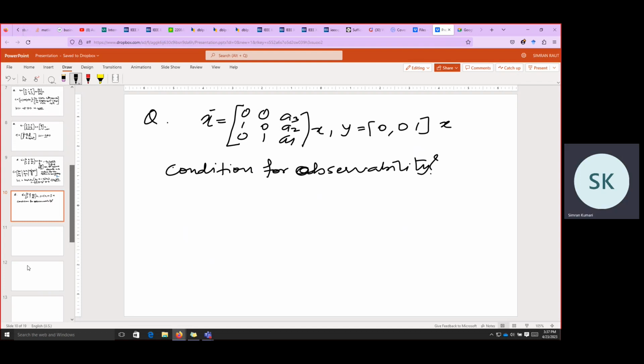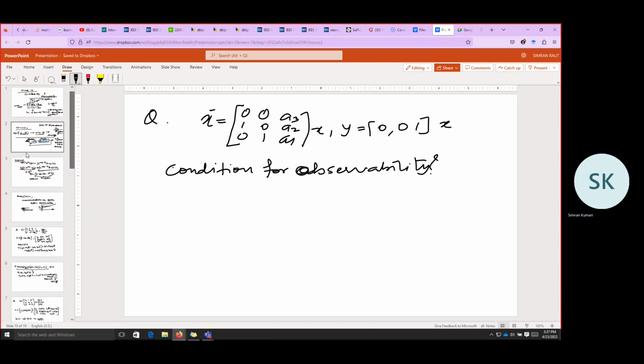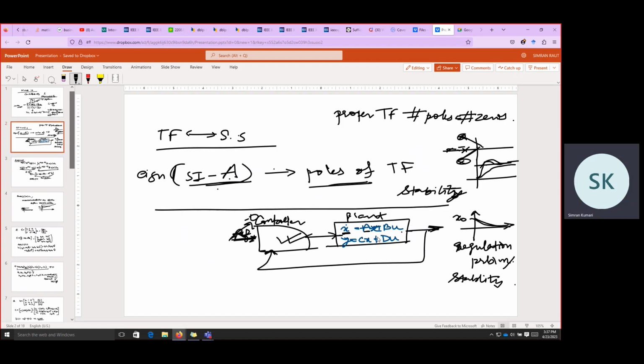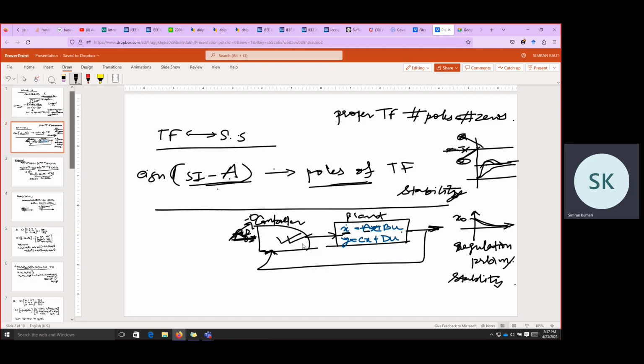Okay, so regarding this observability, when we were dealing with this slide, we said that this is the plant and we are trying to design the controller. So we have some state feedback and we design the controller by giving the feedback multiplied by some gain so that the eigenvalues of this A matrix are shifted to desired locations.